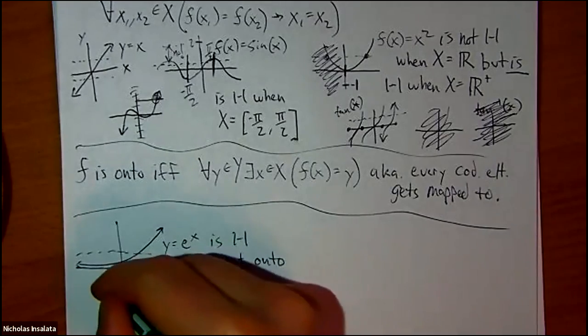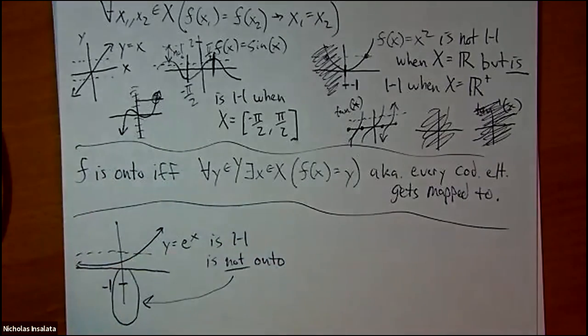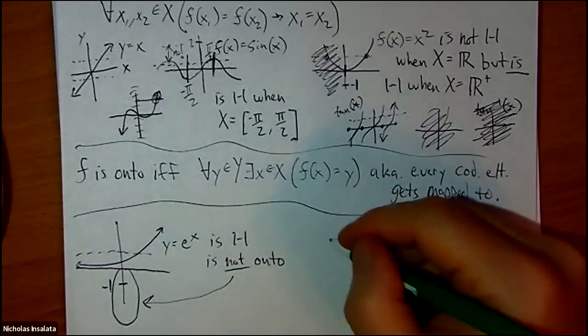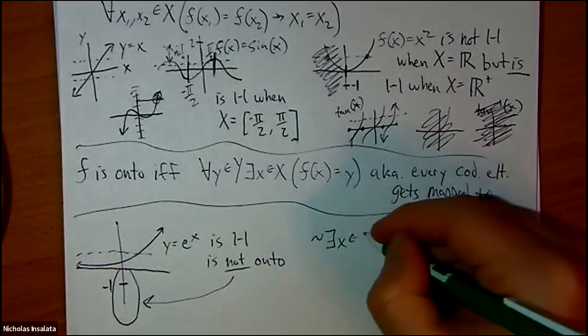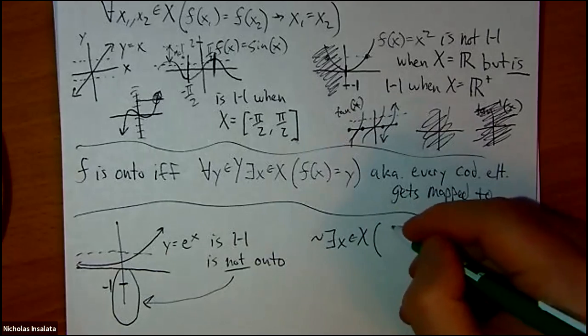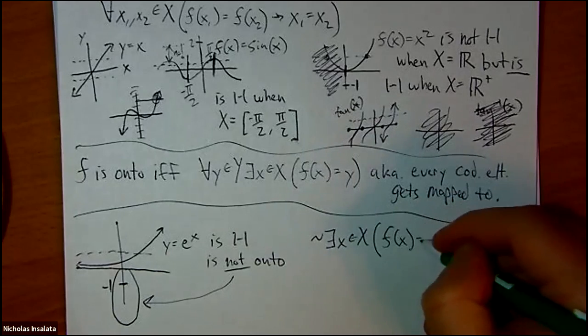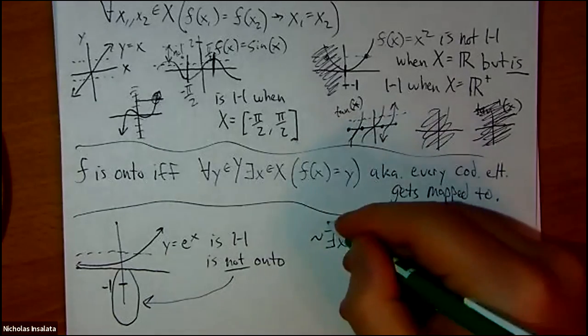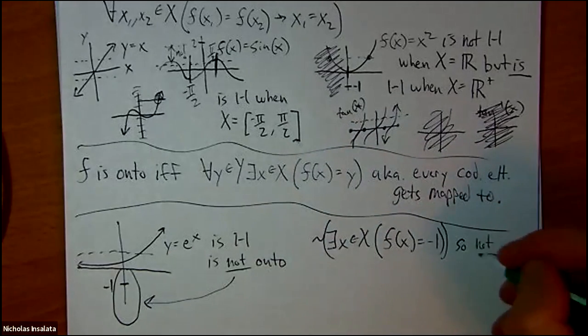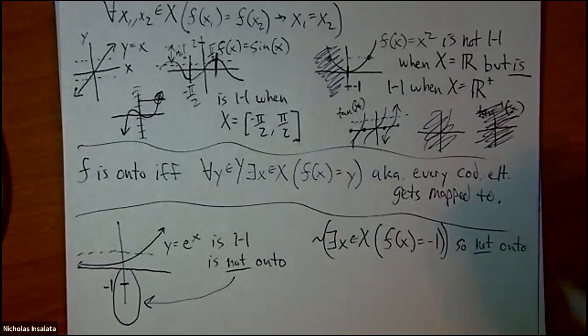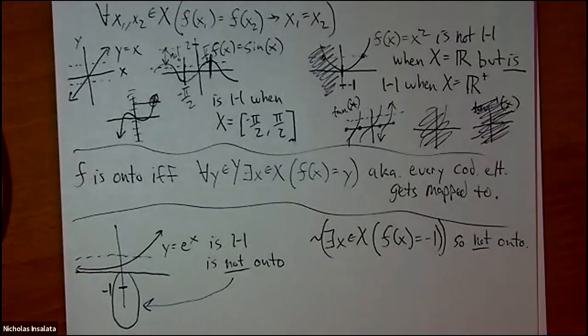So there's -1, and we would say it is not the case that there exists an x in X such that f of x equals -1. So not onto. It's a quick proof, one-liner, right? Good.